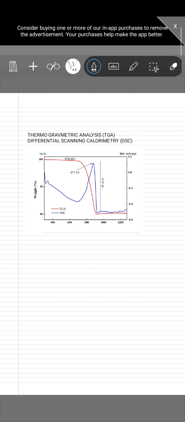Now this TGA DSC, where TGA stands for thermogravimetric analysis and DSC stands for differential scanning calorimetry, they come together.